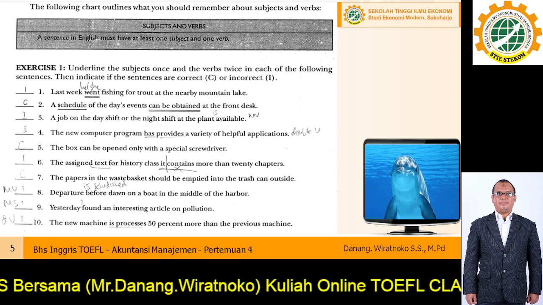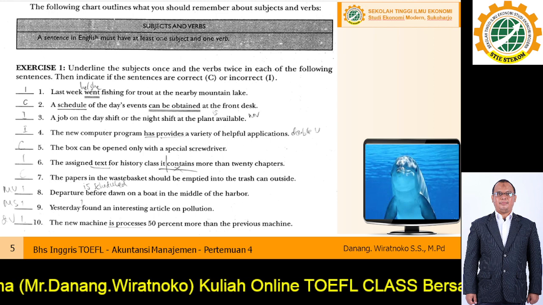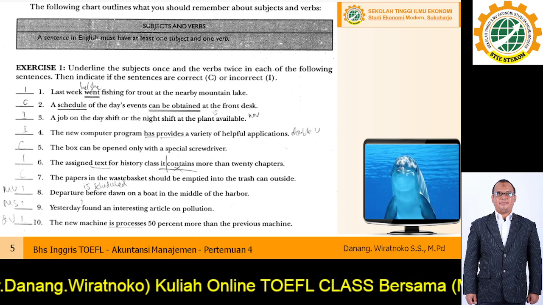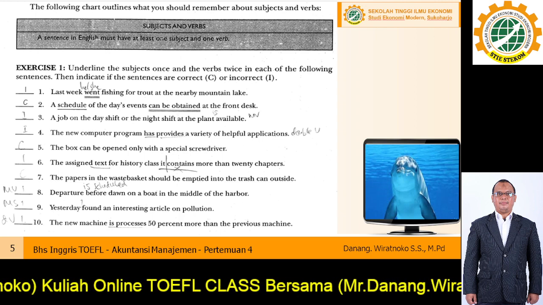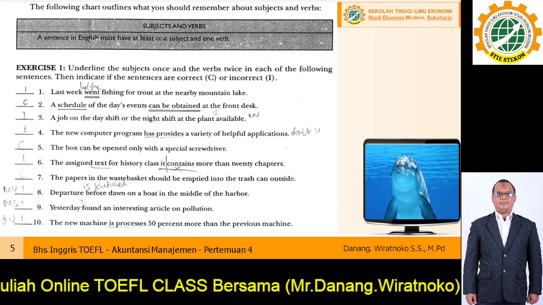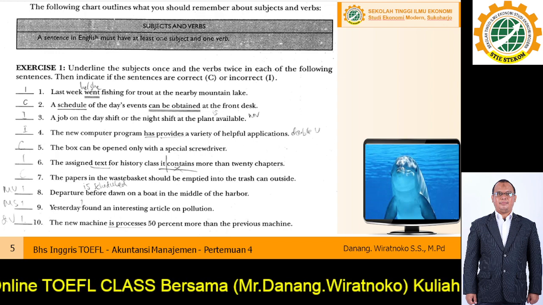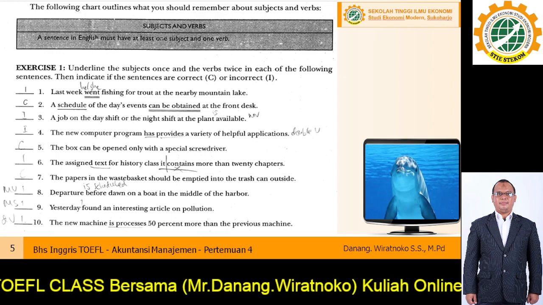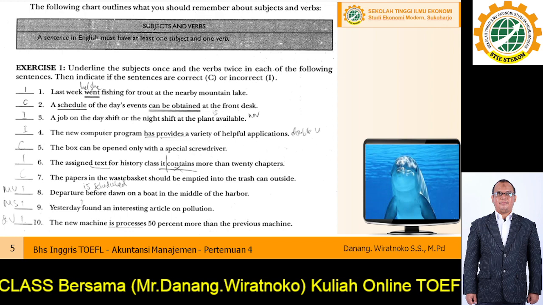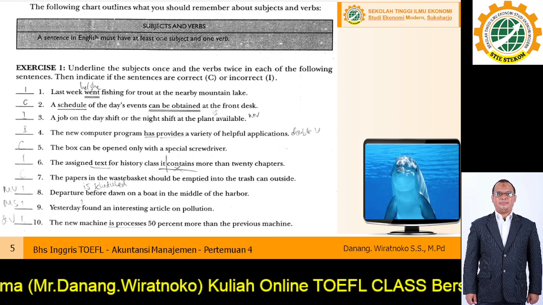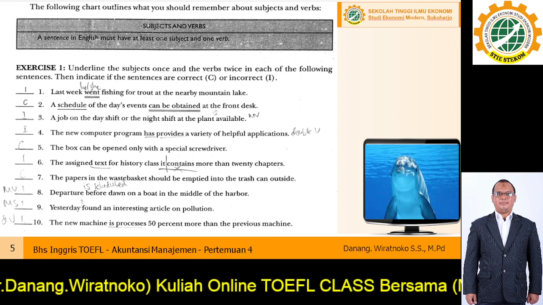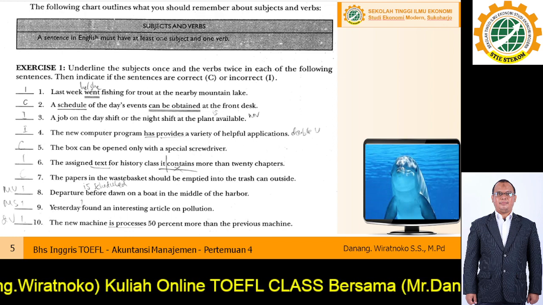So I have last week, ini kurang subject ya. So last week went fishing for trout at the nearby mountain lake. We are missing a subject. So last week he or she went fishing for trout at a nearby mountain lake. Number 1 is incorrect because there's no subject.